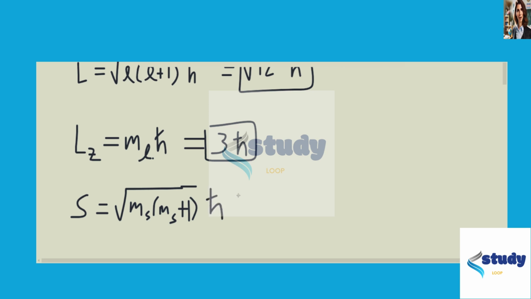S is a half, so 1/2 plus 1 is 3/2, times 1/2 is 3/4. The square root of 3/4 times h bar. That's the final part of solution B.